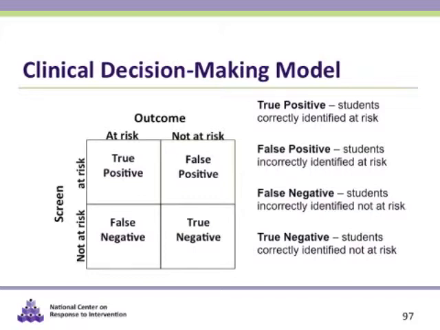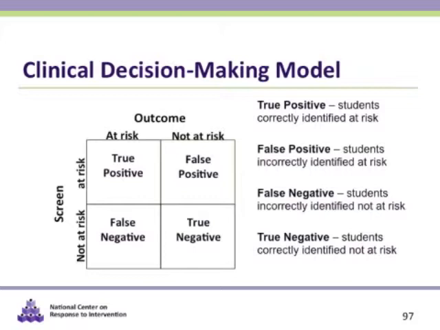And on our screener, we had a group of students who were identified as not at risk, and on the outcome, they actually were not at risk. We want that accuracy of identifying true positives and true negatives to be very high. But we know there are going to be some errors. For example, our screening test identifies the kid as at risk, but on the outcome, the kid was not really at risk.